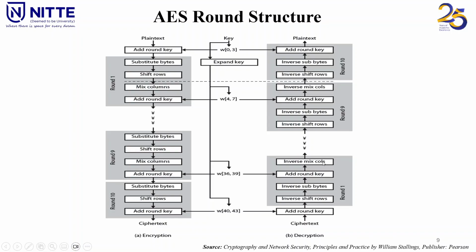Whatever we have done from plain text to ciphertext, we perform in the reverse order from ciphertext to plain text. In the last round we again have only 3 transformations: inverse shift row, inverse substitution bytes, and add round key. This is how we convert one block of plain text to cipher and cipher to plain text.